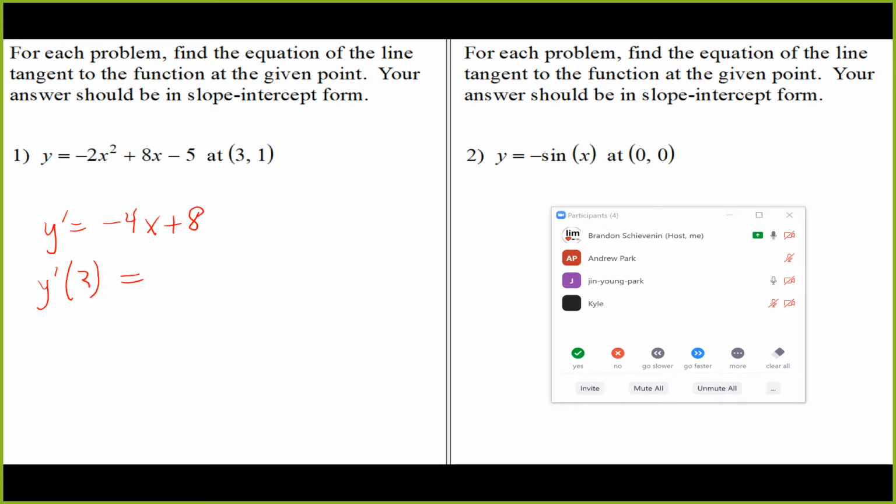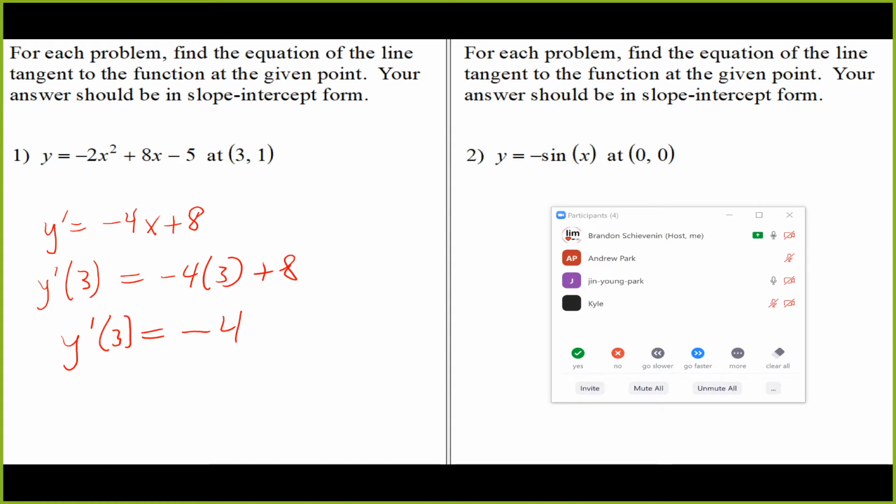So our derivative when x is 3 would be negative 4 times 3 plus 8. What's our derivative? Plus 4. Really close. Oh, negative. Negative 4, okay.